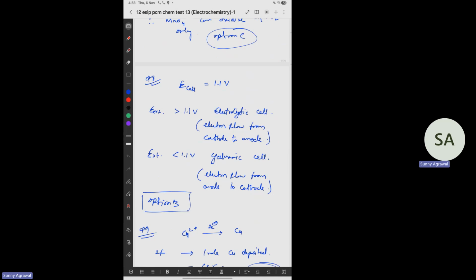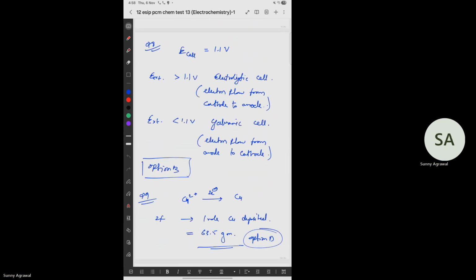Question number 8. A variable potential is applied to a galvanic cell of zinc and copper. E cell of the galvanic cell of zinc and copper is 1.1 volt, and the battery is applied in the opposite direction.